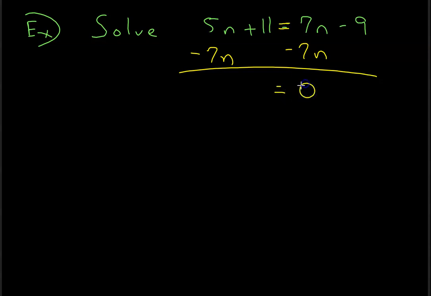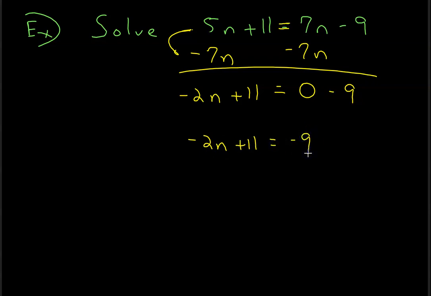So it's going to be 0 subtract 9. And then 5n subtract 7n is going to be negative 2n plus the 11. Now, 0 subtract 9 is still negative 9. So this means negative 2n plus 11 equals negative 9.